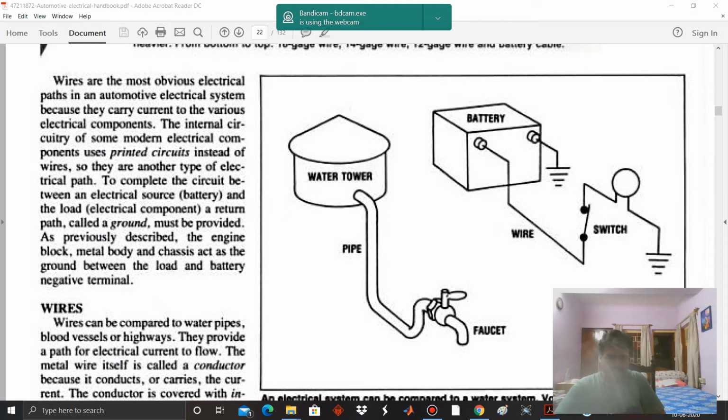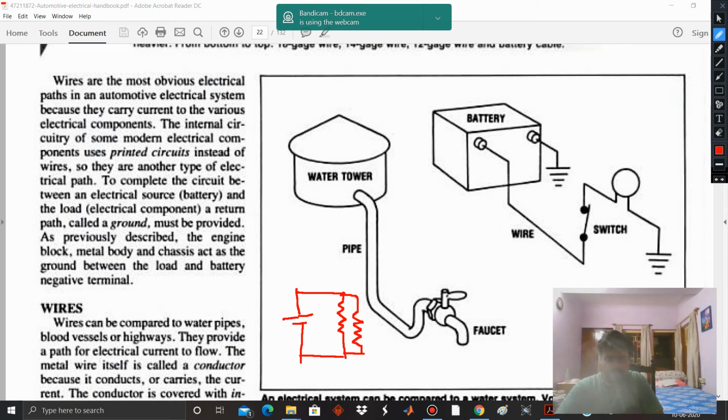Let us study this with an example, or a basic schematic diagram. Suppose you have this battery, and these are the electrical loads connected to the battery, say L1, L2, L3.